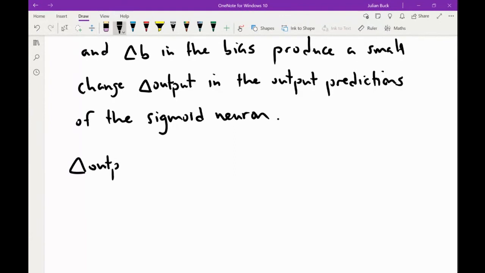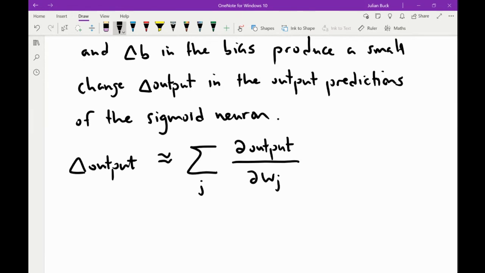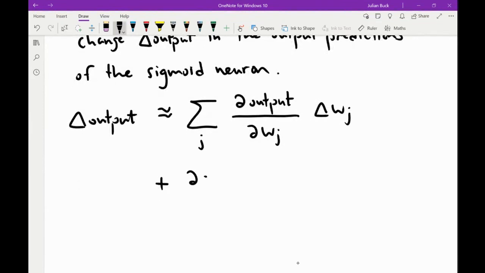So in this case, the change in the output is approximately given by summing over all possibilities of the partial derivative of the output with respect to each weight times the change in the weights, plus the same thing for the bias, the partial derivative of the output with respect to the bias times the change in the bias.